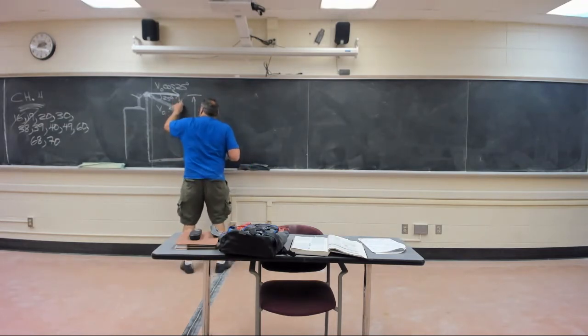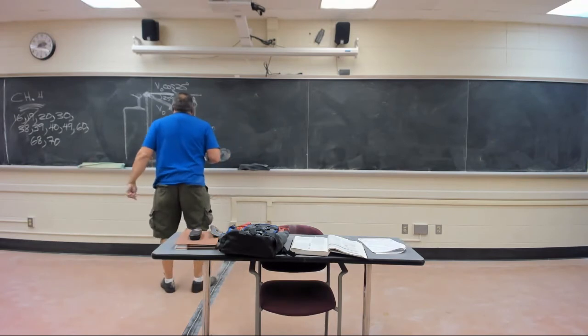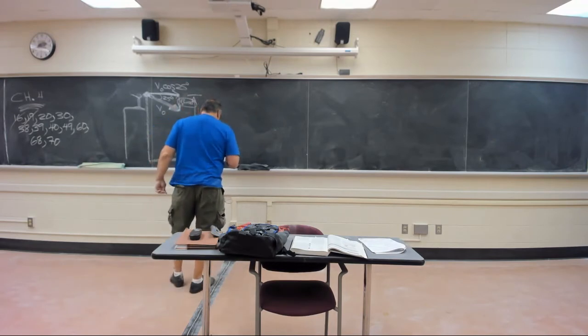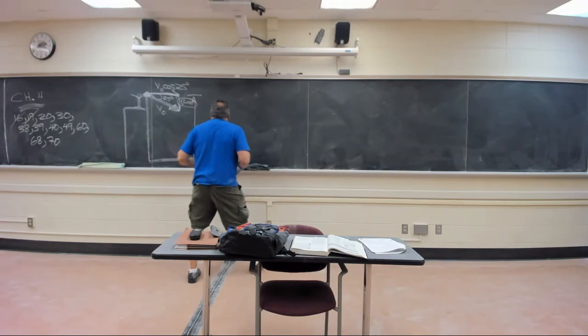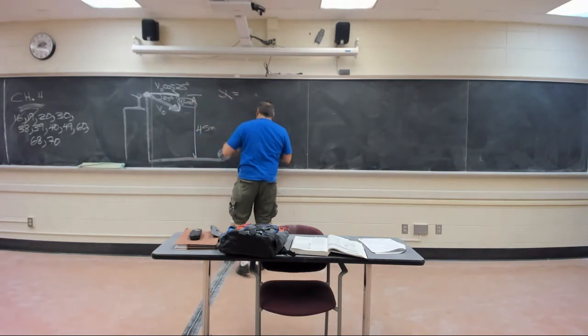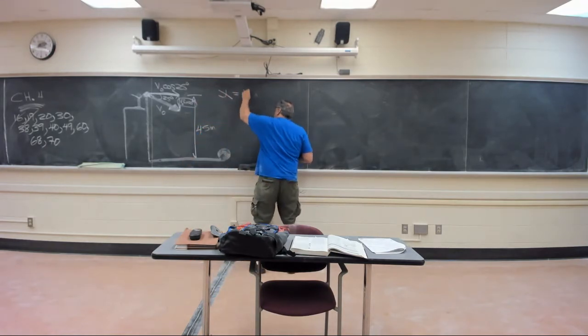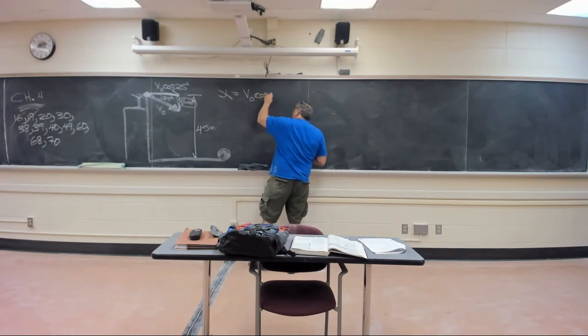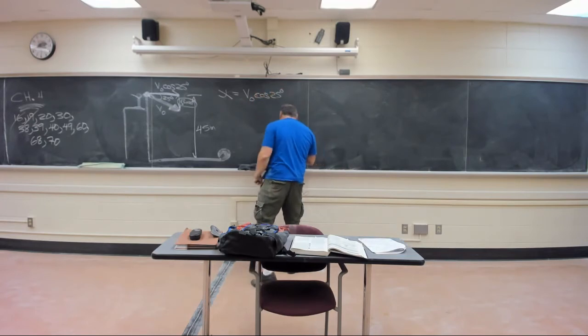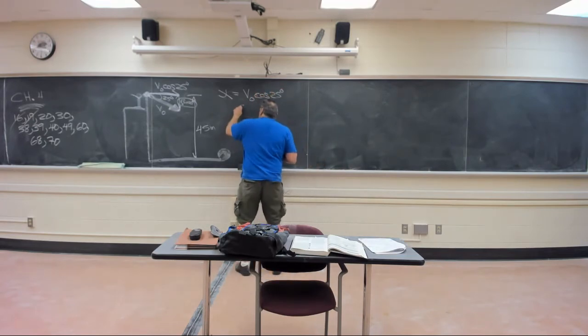The initial jolt is v0 sine 25 degrees going down. It's going to cover a distance x to get caught.